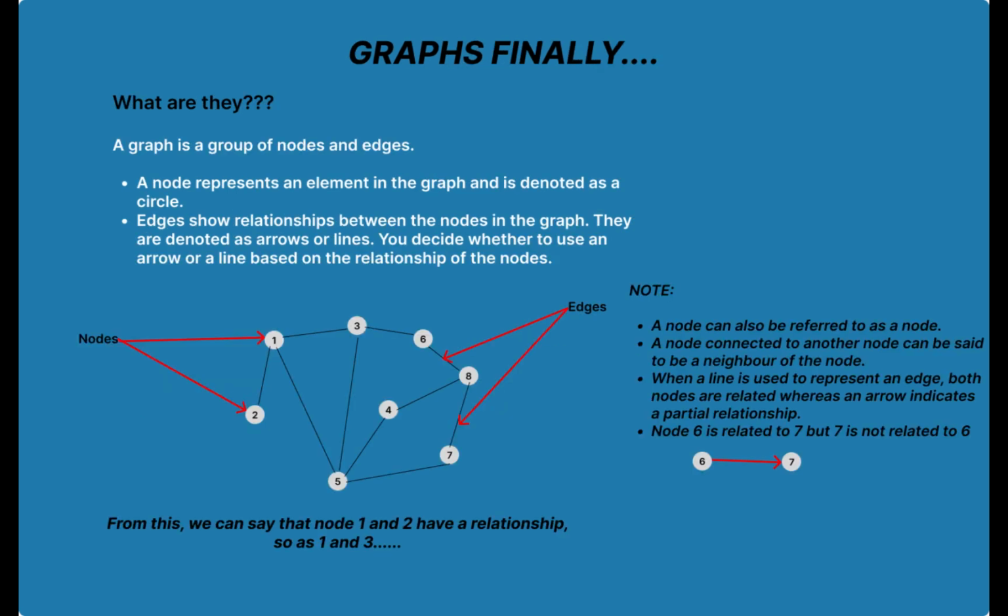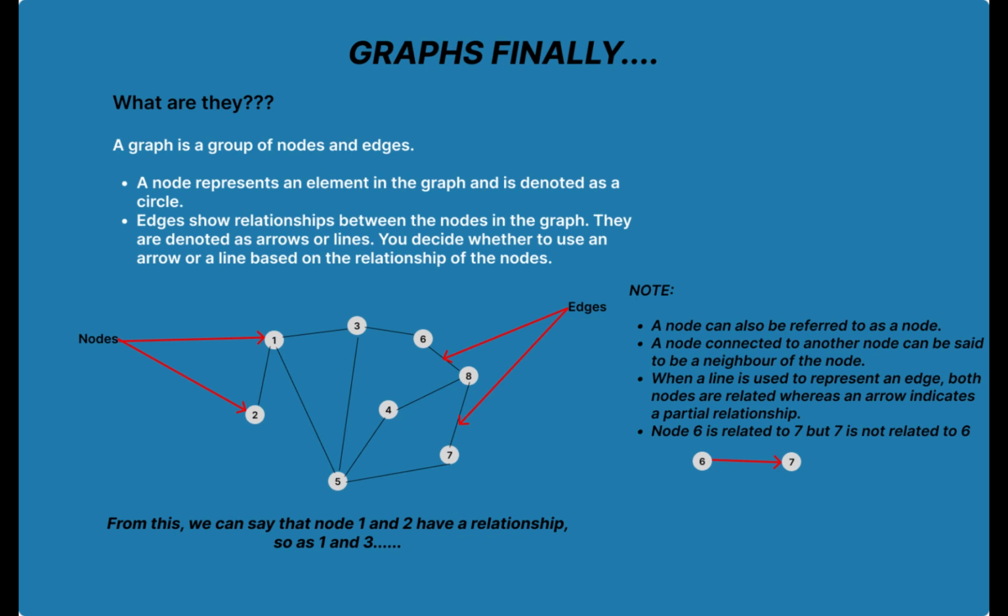So, what is a graph? We first know that a graph is a nonlinear data structure. Elements are not arranged in any order. Second, a graph is just a group of nodes and edges. Nodes are denoted by circles, which might have data in them, and edges are just arrows or lines. Nodes are used to represent real-life objects or the elements in that graph.